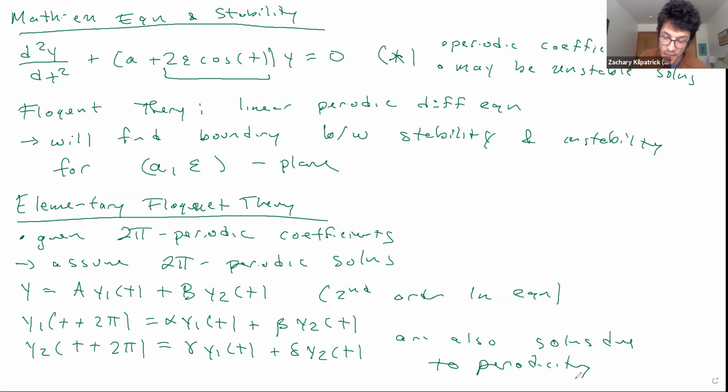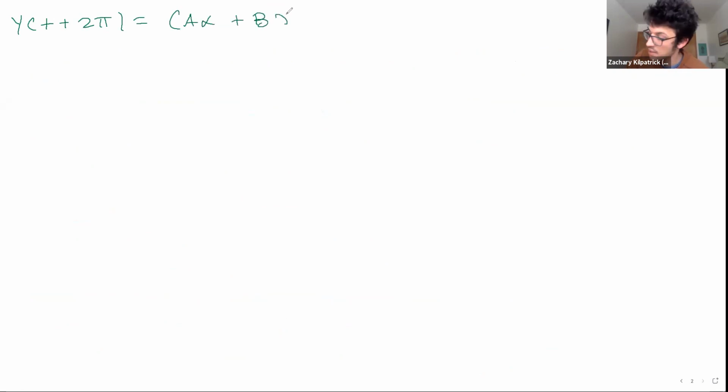So then in general, I can write my solution y of t plus 2 pi is equal to (a alpha plus b gamma) y1 of t plus (a beta plus b delta) y2 of t.